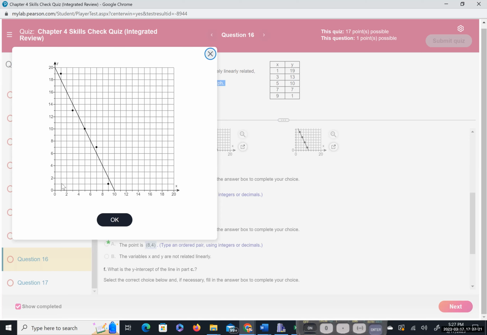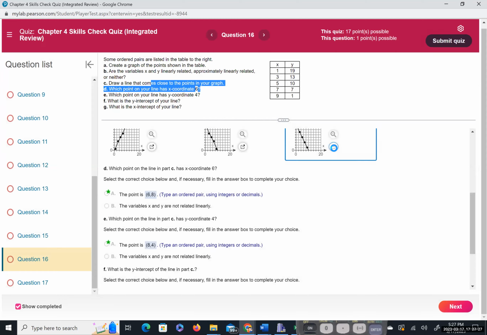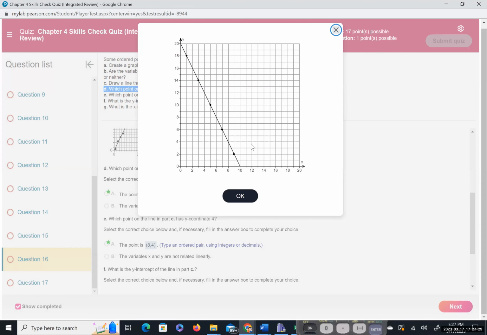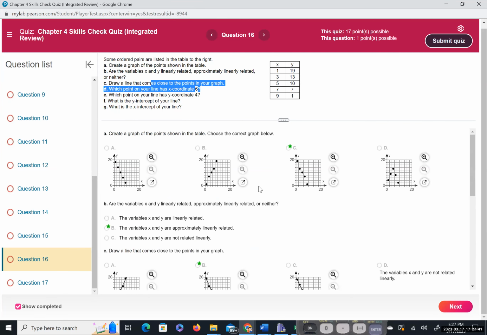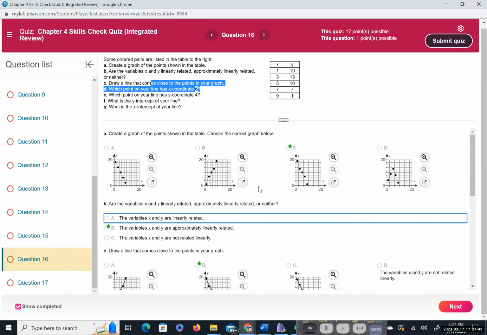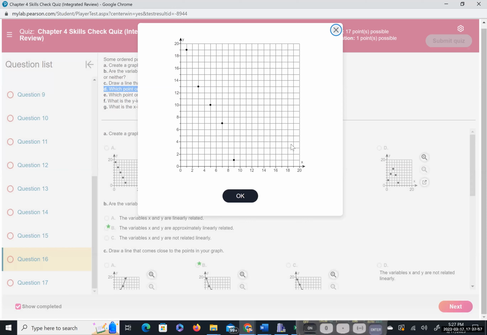But let's check with this one to make sure, right? 1, 1, 9. No, 1, 1, 8. So this is wrong. So this will be this guy. Uh-oh. Okay. So this will be this guy. 1, 1, 9. Yeah.